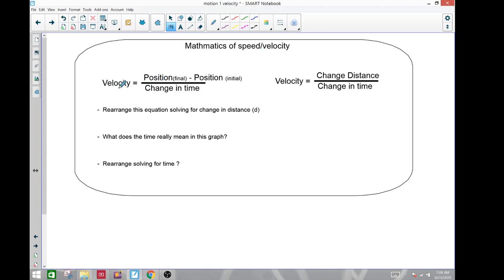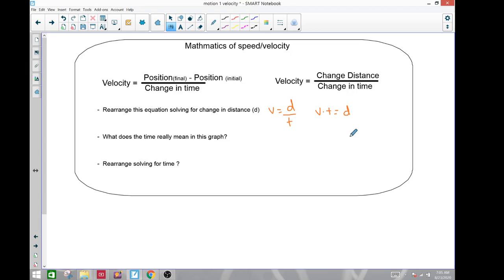Velocity is position divided by time. Rearrange the equation solving for distance. So if velocity is equal to distance divided by time, then velocity times time equals distance.